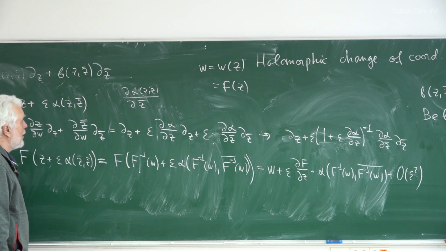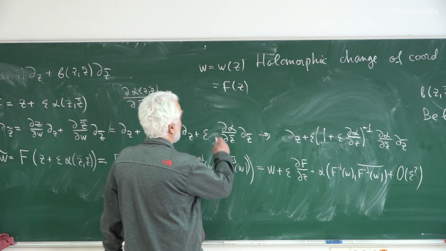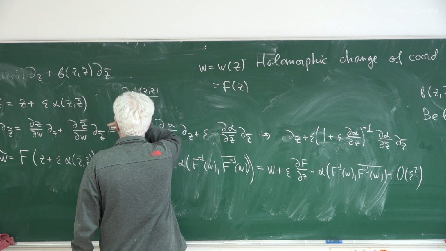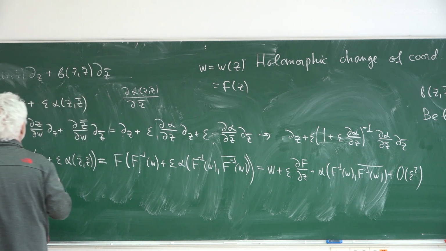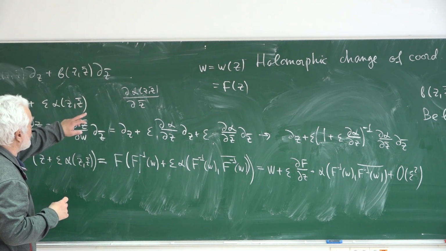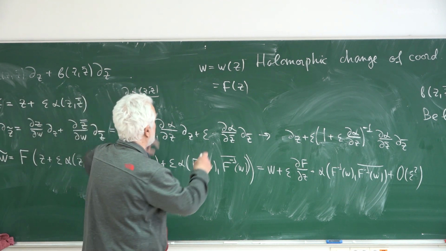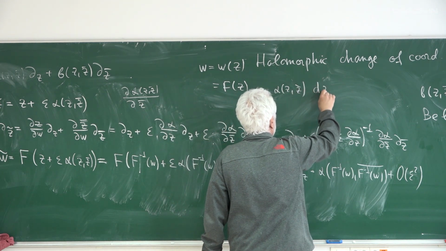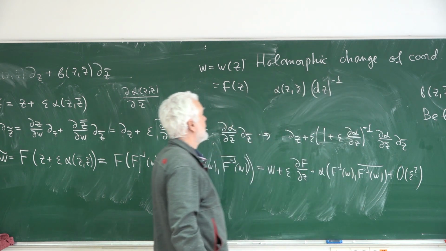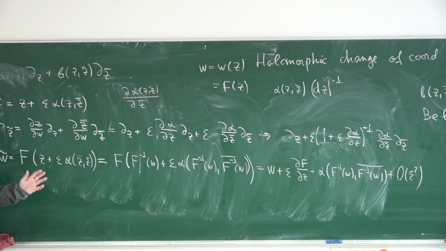Therefore, alpha is a tensor of the type dz minus 1. Yes, a tensor of this type.